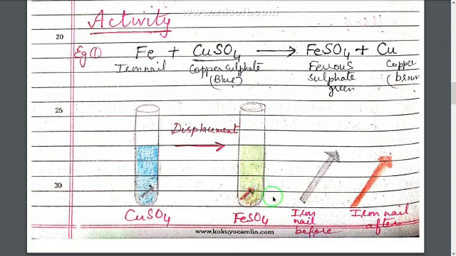So the copper metal salt solution, that is copper sulfate, has been taken, in which the iron nail is dropped. Iron being more reactive than copper displaces it and takes its place.